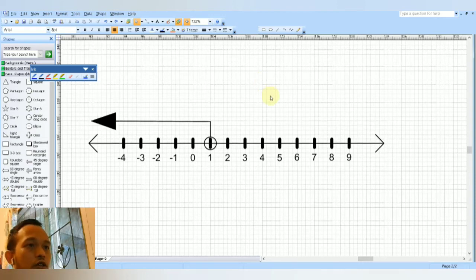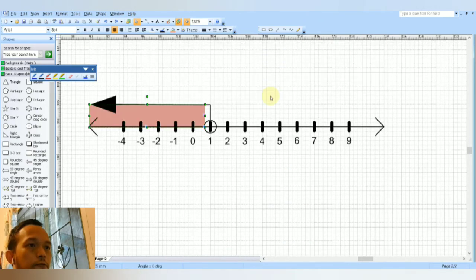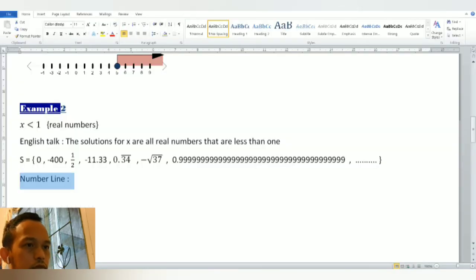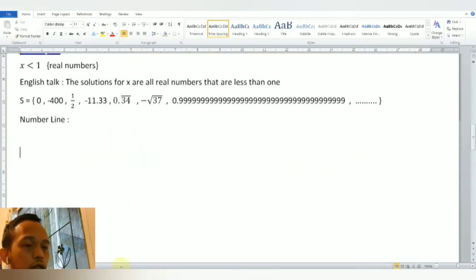Okay, so see the difference. I put the sheet here, and the shading part is not mandatory. It's just showing you that this area, continuing to the left, is all the solutions you have.